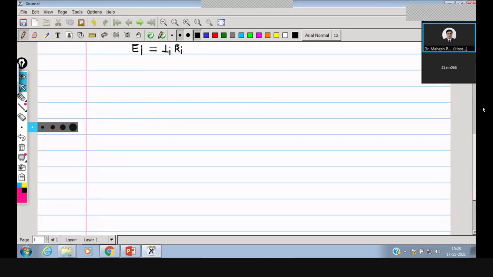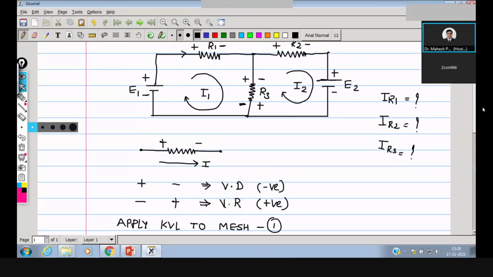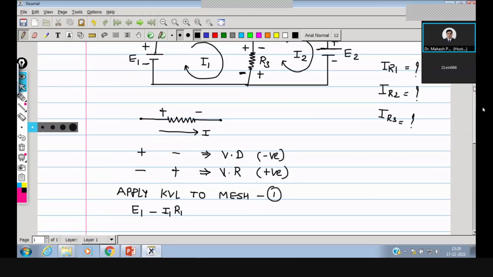Similarly, we will write for R3. For R3 we write minus, because it is again plus and minus, so due to current I1 there is a voltage drop through R3. So we can write minus R3 I1.